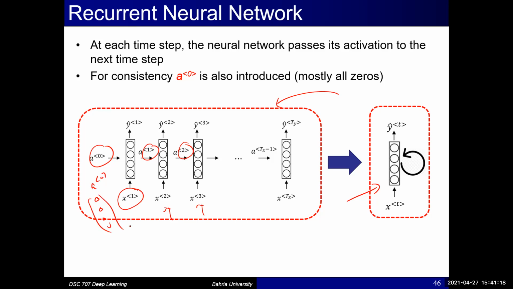The advantage of using a0 is that when we write the equations, we will have a consistent notation. Otherwise, we would have to write a separate expression for the first word, and for the subsequent words we'd have a separate expression. We want to write one single expression which is valid for everything, right? So this is why we'll be using this notation.